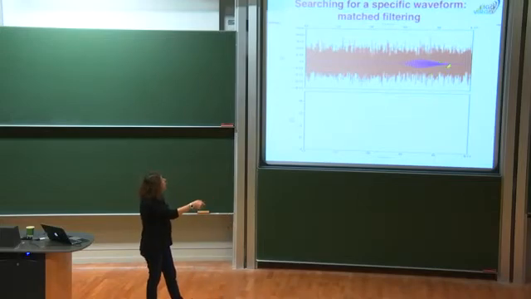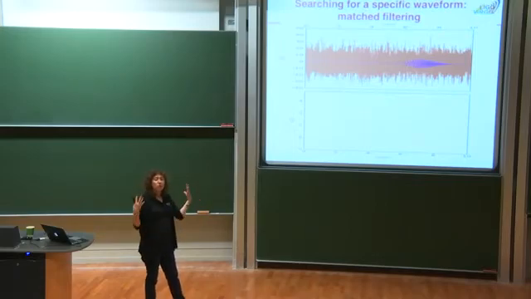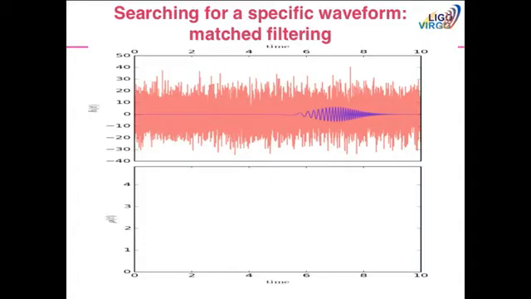But there is something in there. You think that there's something in there, and you think you have a good model for it. Then you use your waveform model, and you cross-correlate that waveform model with your data at different times. And from that cross-correlation, you define something that we call a signal-to-noise ratio. And the signal-to-noise ratio is not 0 if the signal is not there. It's just a random number.